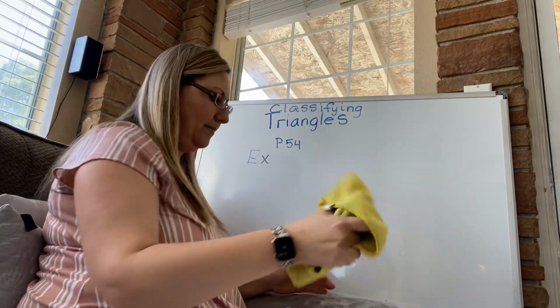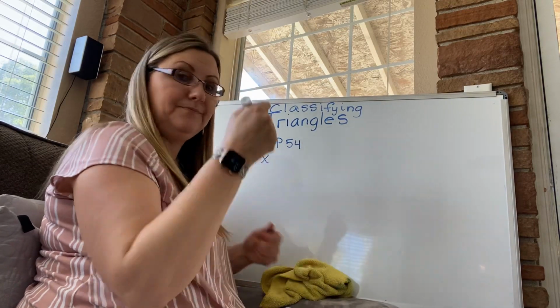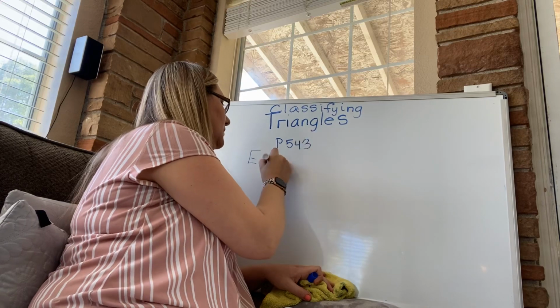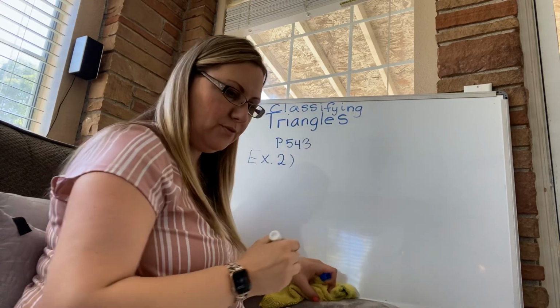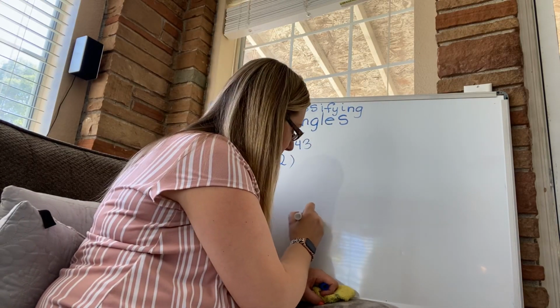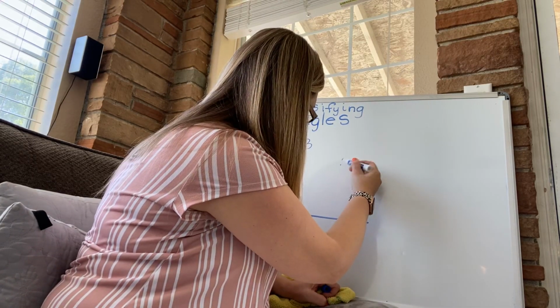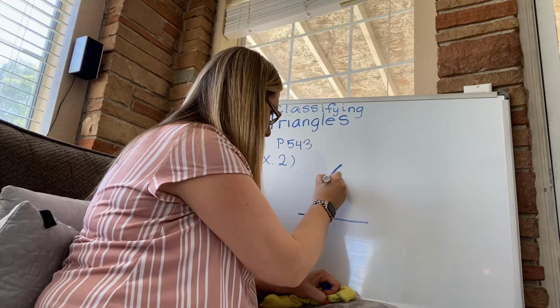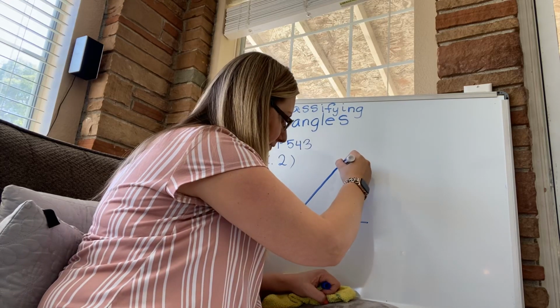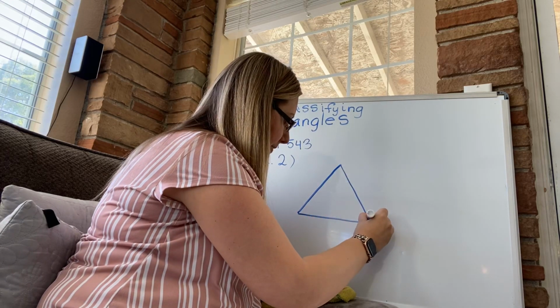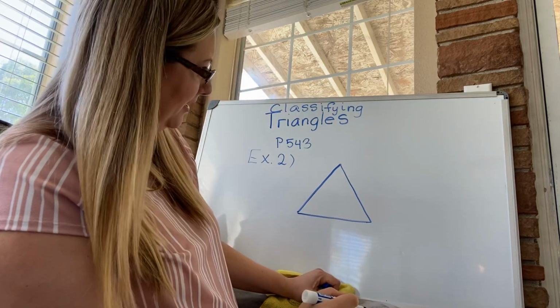Now we've moved on to page 543. And example 2. So we have something, this is going to be a little bit difficult to draw. Let's see, I think I'm going to go right about here. And then connect the sides, being very careful to make them just about as perfect as I can.